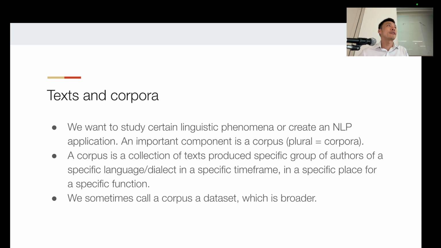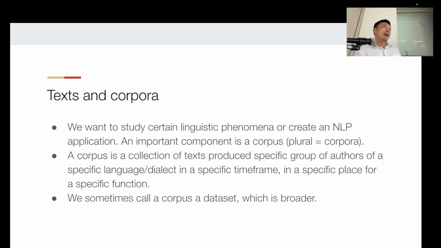Those are specific groups of authors, but sometimes a single author. And usually of a specific language or dialect from a specific time frame, place, for a specific function. That's why we separate corpus and text, okay? A corpus is something that we already organized and put together into one thing.